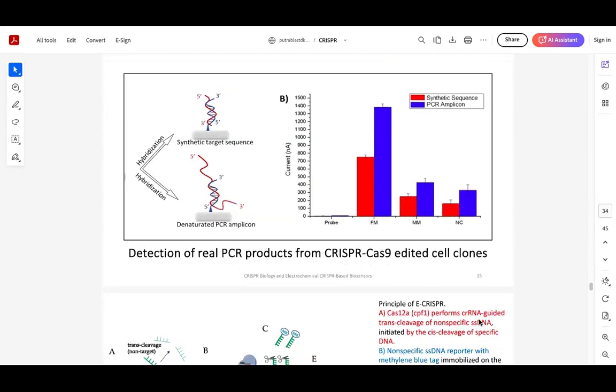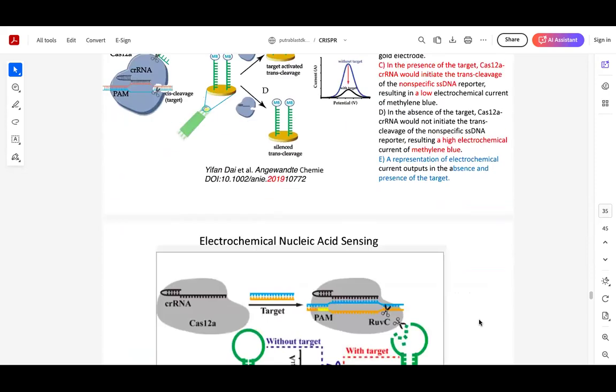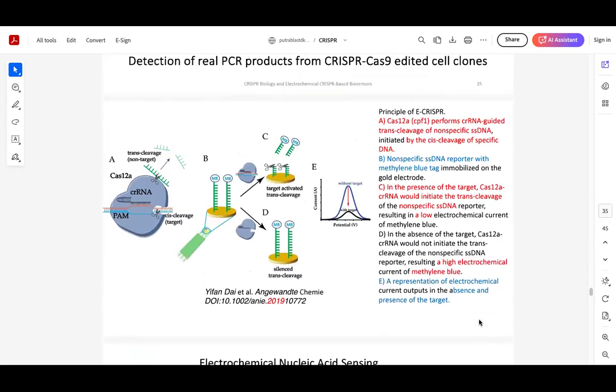This is what happens. The word cleavage here is the cutting process. You can see that the cutting process is transduced into an increasing or decreasing current. That is something that we have learned before, the redox indicator.